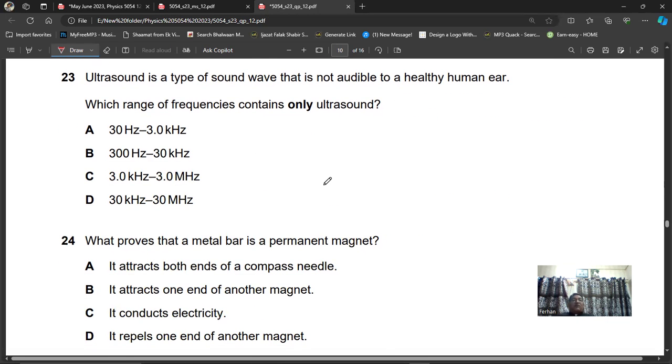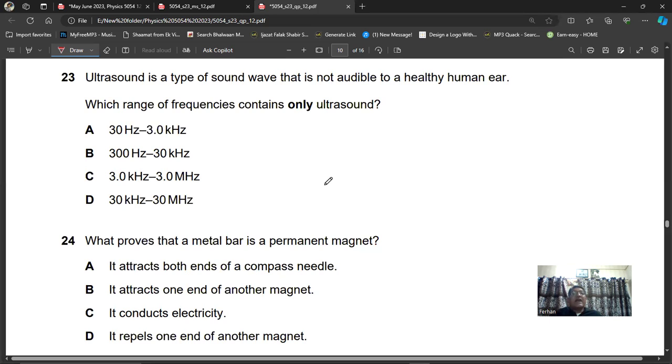Ultrasound is a type of sound wave that is not audible to a healthy human ear. Which range of frequencies contains only ultrasounds? You know, the audible frequency range for a healthy human ear is from 20 hertz to 20,000 hertz. And the sound waves whose frequency is more than 20,000 hertz, 20 kilohertz, that is ultrasound.